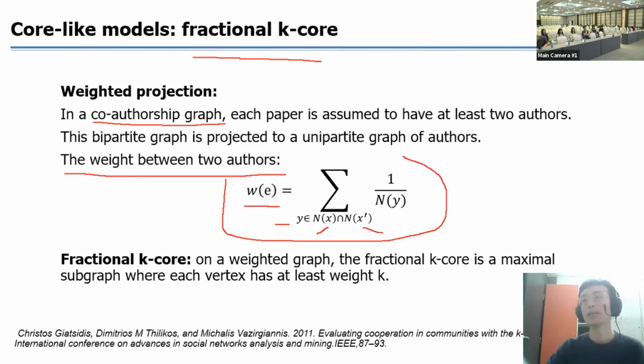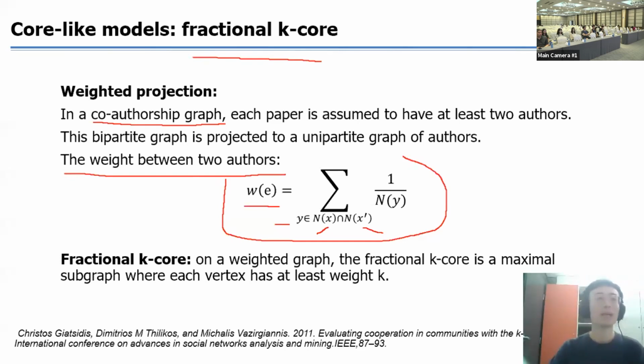So w_e is the weight of the edge between these two authors. According to this function, the weights between two authors are highly affected by the number of papers they have co-authored, and two authors have an edge if they have co-authored at least one paper. Defining weights like this ensures that the sum of all weights is the number of papers.